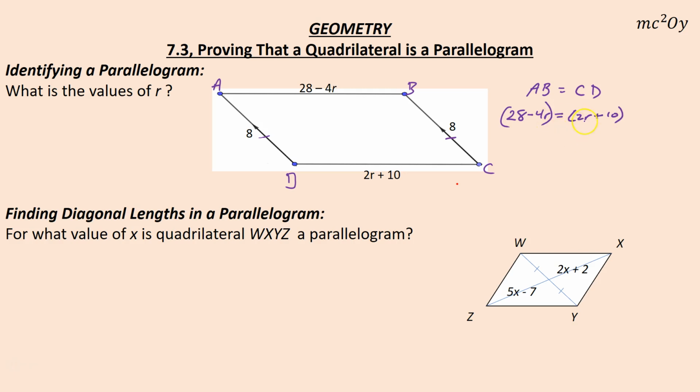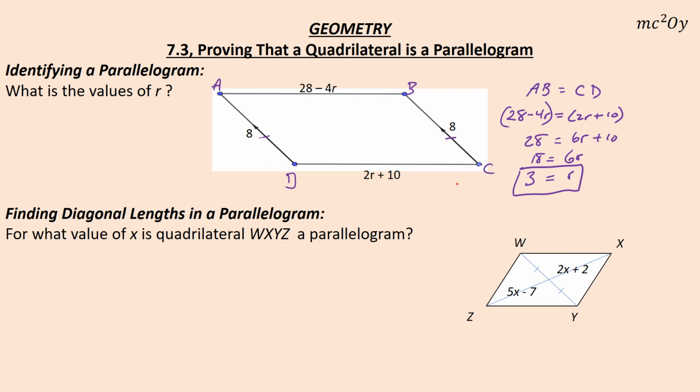Okay, move that 4r over, we get 6r plus 10 equals 28, and then 6r equals 18, so r is 3. And you can make sure that that's accurate by plugging 3 in. 28 minus 12 is 16, and 2 times 3 is 6, plus 10 is 16. So that works out.